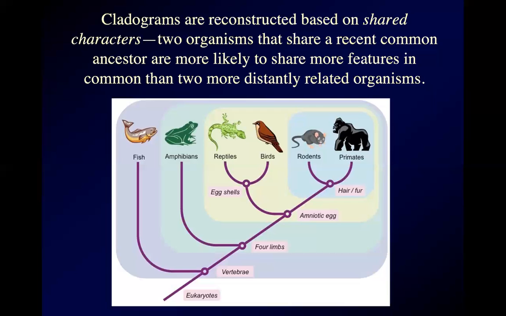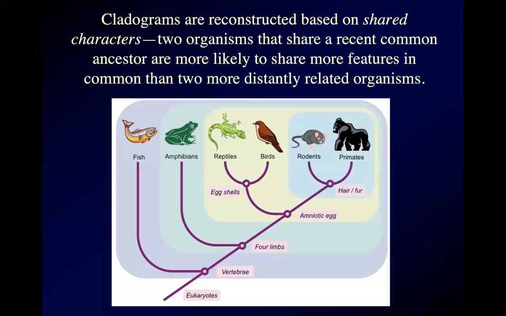Some even more obscure characters like a heel bone that projects backward from the foot joint and a diaphragm muscle, lots of things. And the more features that rodents and primates share in common, the more likely it is, the simplest explanation becomes that they inherited those from a common ancestor.